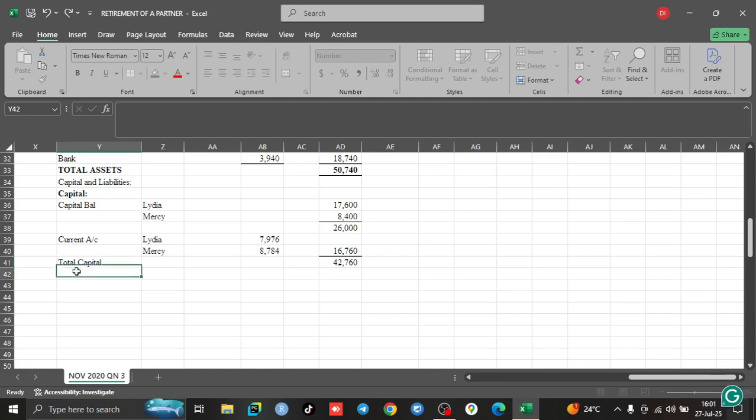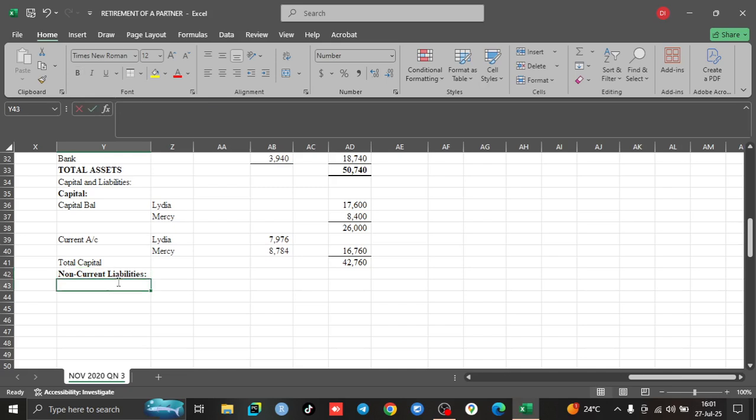We have non-current liabilities. So for non-current liabilities, what we have was the loan that Priska left to us in terms of her capital balance, the principal amount of 10,000 shillings.